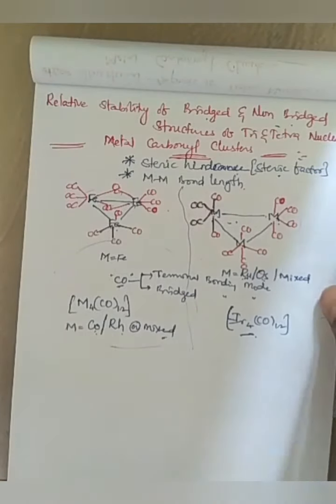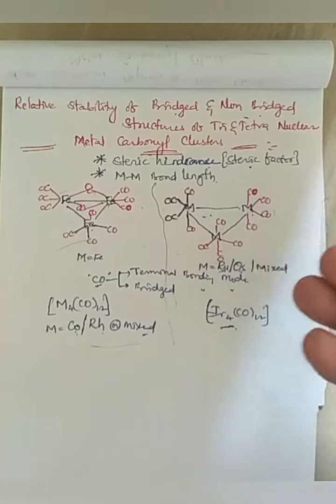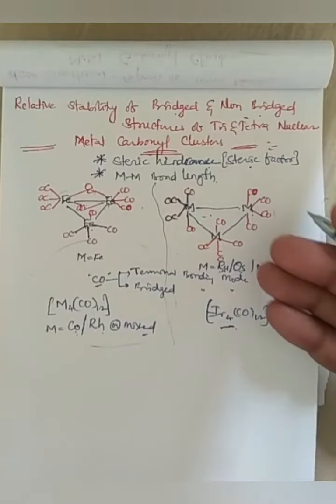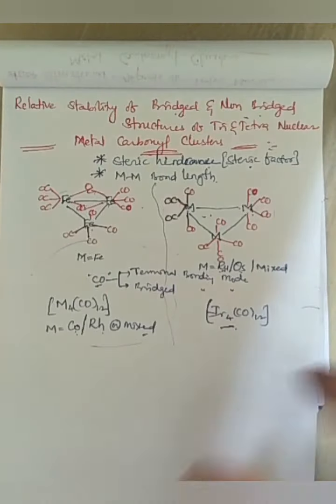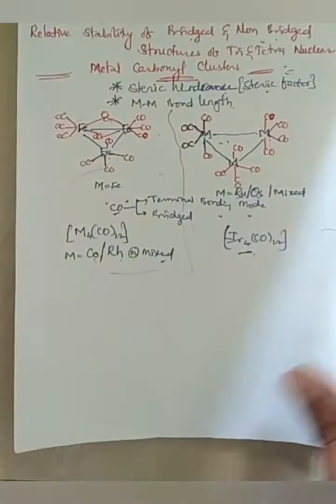With the steric hindrance, the ligand cannot have any bridging sites, so they will exist as non-bridging structures. Right? That's how we can explain the steric effect.